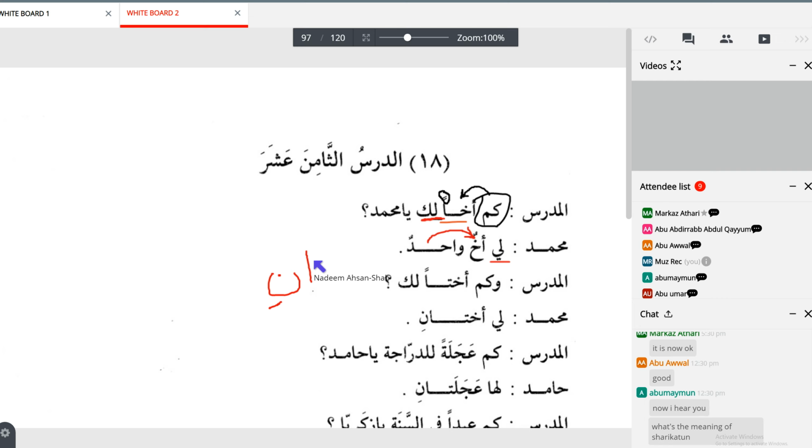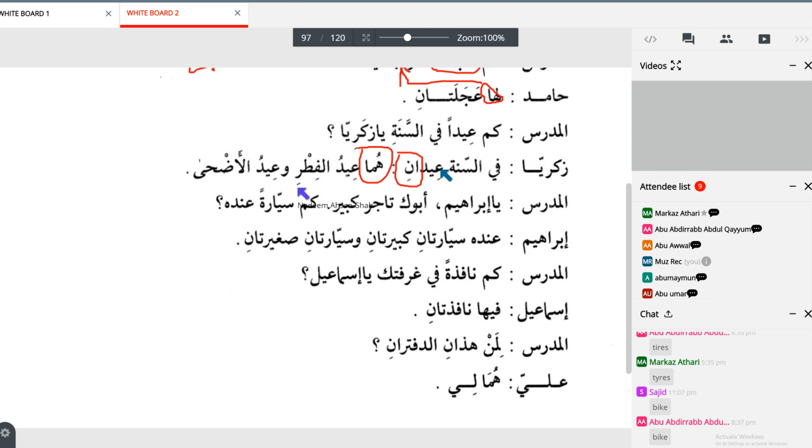And huma means they both. They both. Huma means they both. They both are, or they are. Afwan, where's that gone? They are عيد هما عيد الفطر وعيد الأضحى. عيد الفطر وعيد الأضحى. جيد.